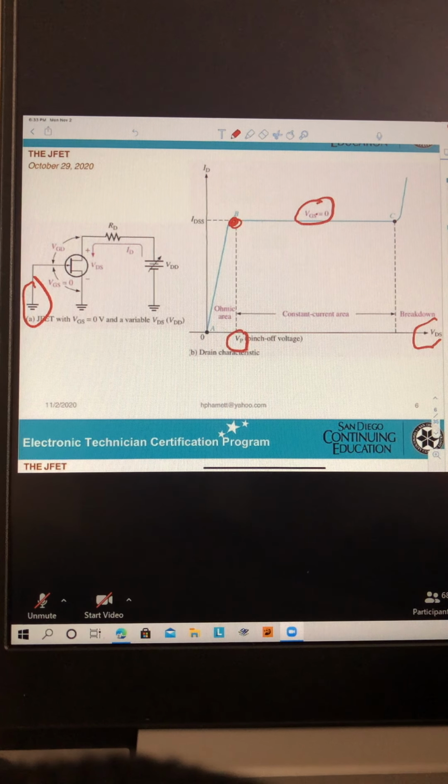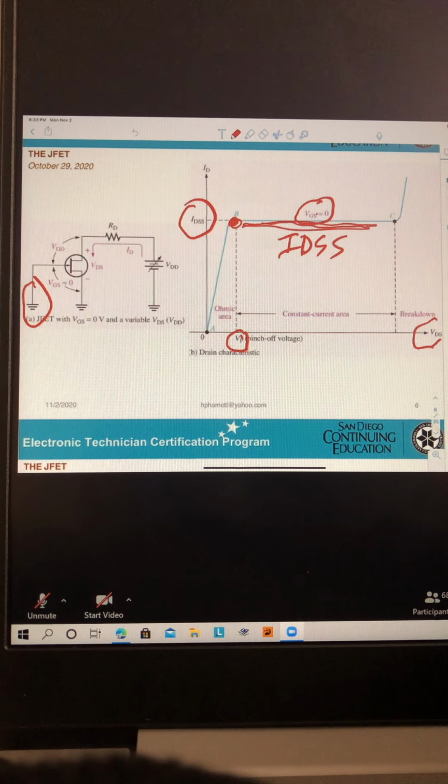What is VP? They call it the pinch-off voltage. What is pinch-off voltage? It means at that voltage the current will be constant, no more changing. And that's what they call IDSS right here.